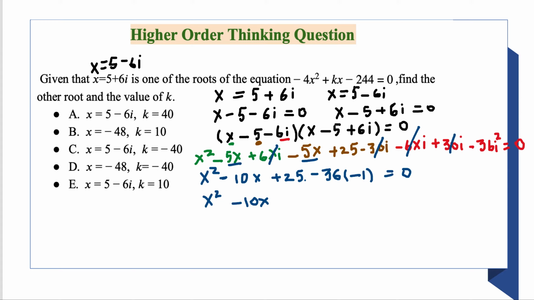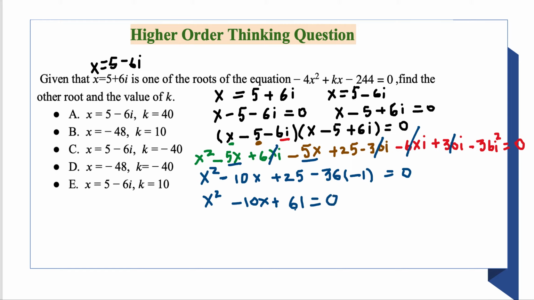And 36 plus 25, 6 plus 5 is 11, positive because I'm adding them. And 3 plus 2 is 5, plus 1 is 6. So this number is going to be positive 61. And this is equal to 0.